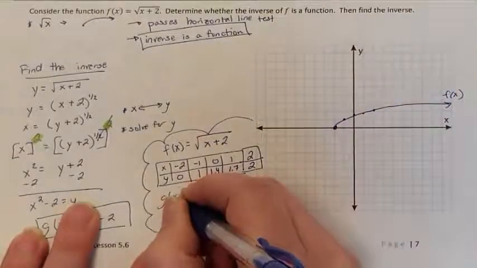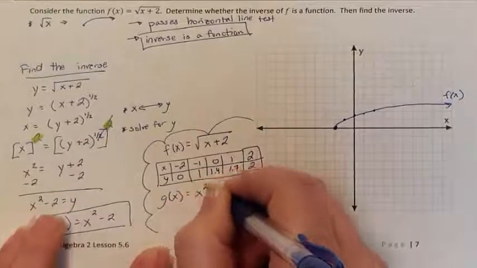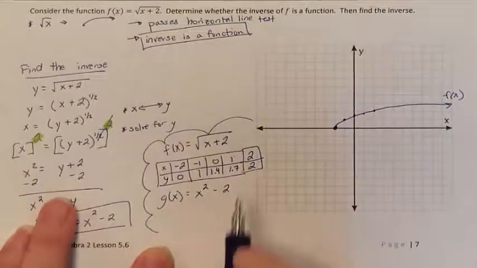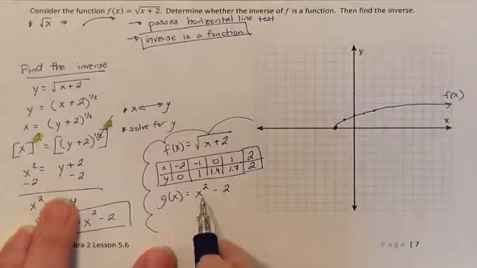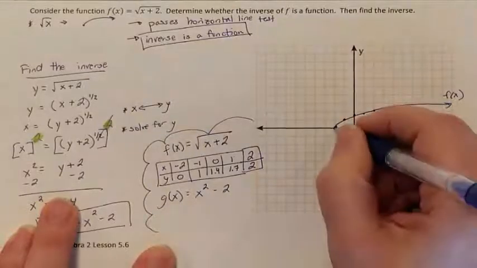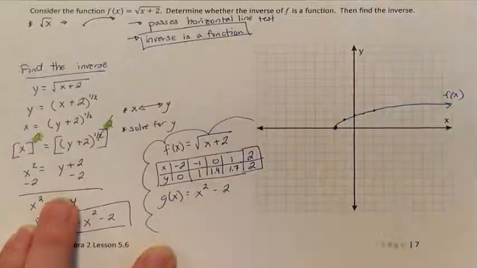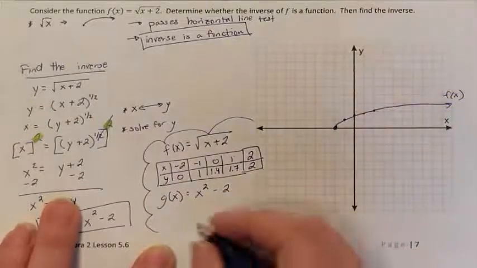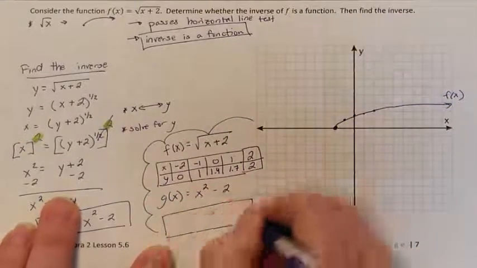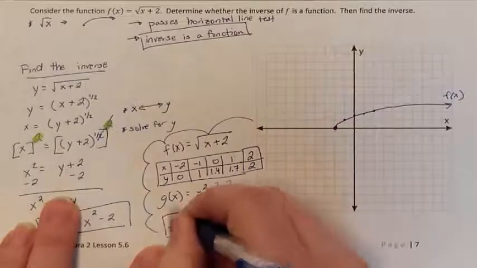Well, now we want to find the inverse, which is g of x. And we don't need a table for this one. We know how to find this one. Since this one had a domain, this one needs to have the domain as well. So we are going to just reverse our xy's.